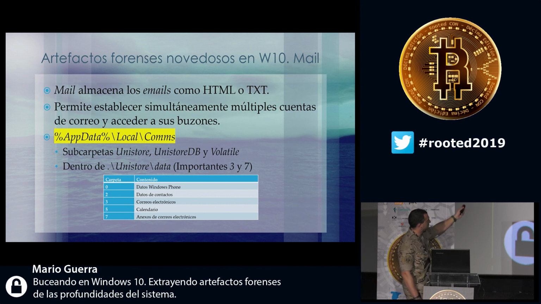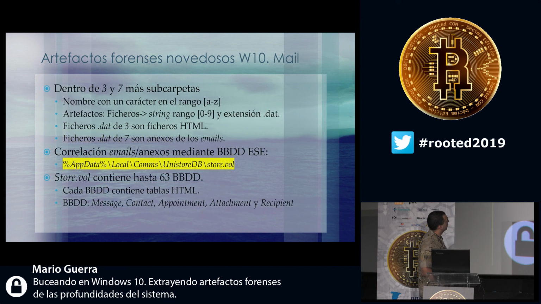3 and 7 are the ones that are of interest for us. 0 is called Datos Windows Phone, and in a tabletop computer it's not used. In the 3 and 7, we have the relevant information from the forensic viewpoint. It generates files with these characters.